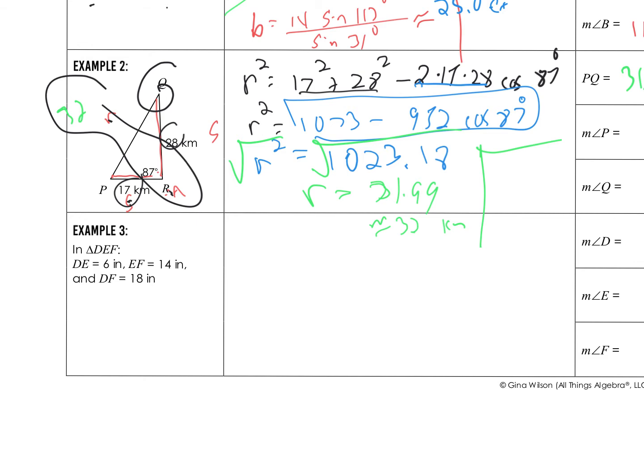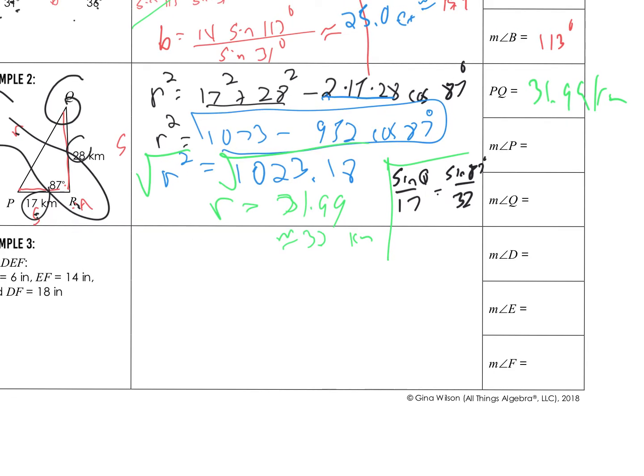So sine of Q over 17 would equal the sine of 87 degrees over the approximate 32. Normally, I would not put in 32. I would stick to my guns and do 31.99.